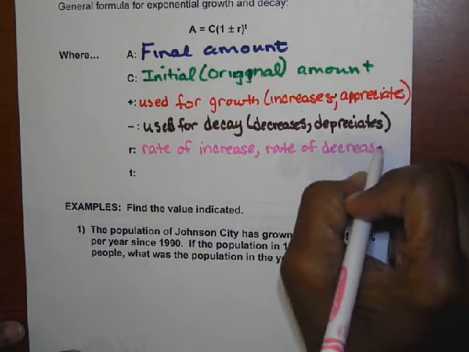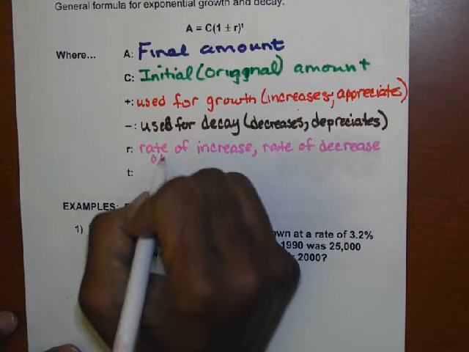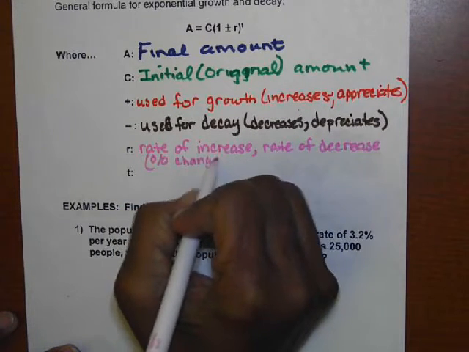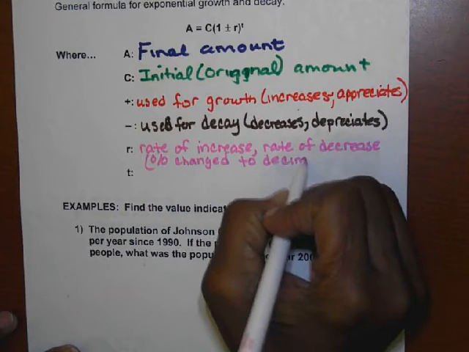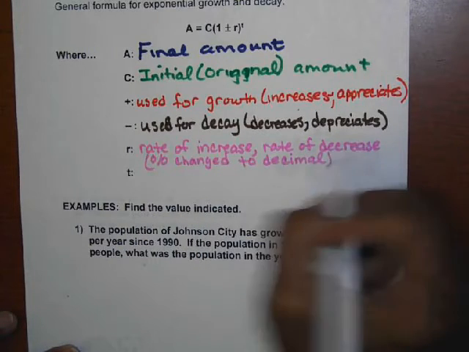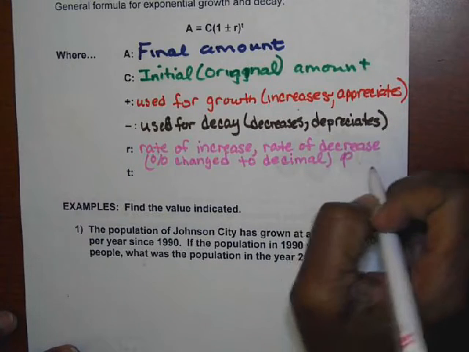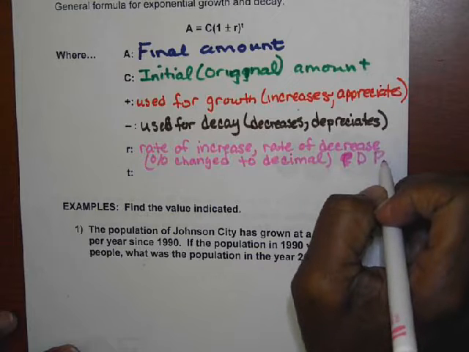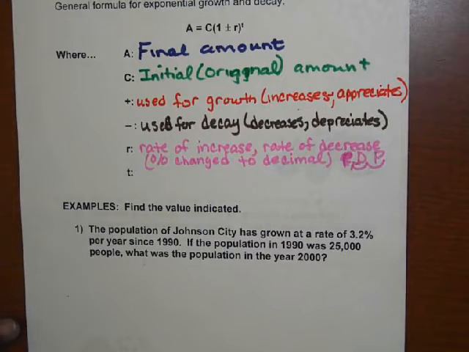The important thing to remember on the rate is that the percent must be changed to a decimal before you do anything with it. Always, always, always. To change a percent to a decimal, remember you move the decimal 2 places to the left. That's how you change a percent to a decimal.